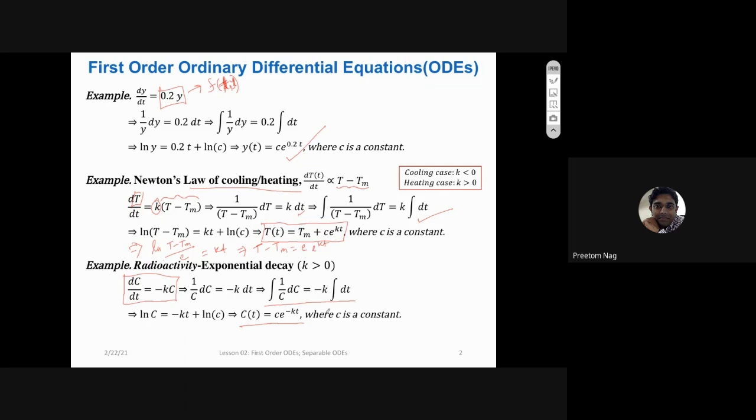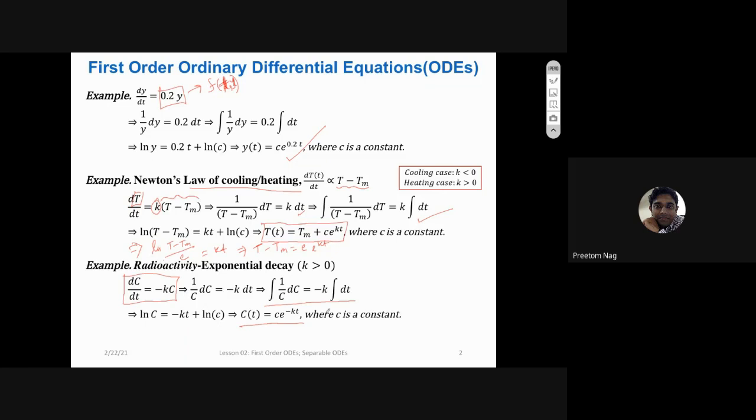Okay, so do you have any question here? Sir, do we have to memorize any of these formats for Newton's law of cooling or heating? No. So you don't. These are actually some constitutive equations for this phenomenon, Newton's law of cooling or heating or radioactive exponential decay.